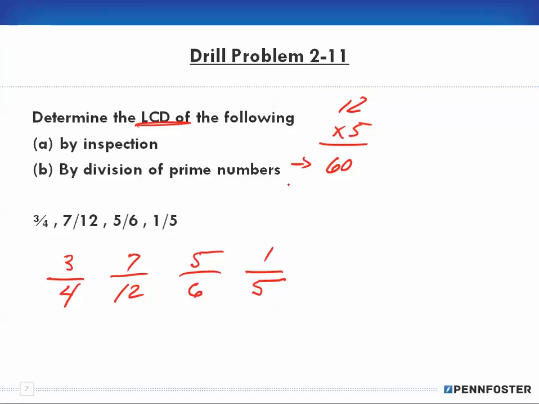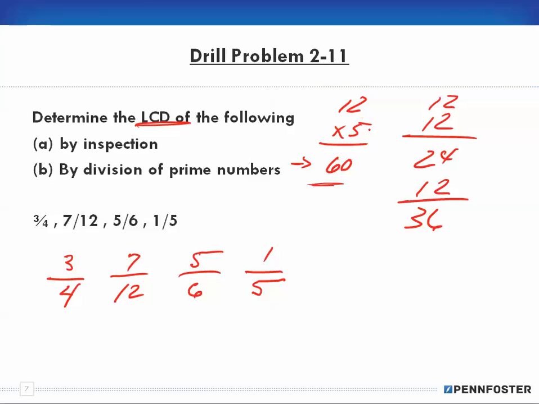Now, the reason why I'm saying be careful with this and that it might not be the lowest common denominator is because in theory, and I'm just going to try to point this out without actually coming up with a problem, what I really want to do is take 12 and add 12 and get 24 and see if 5 can go into 24. It doesn't. I add 12, 36.